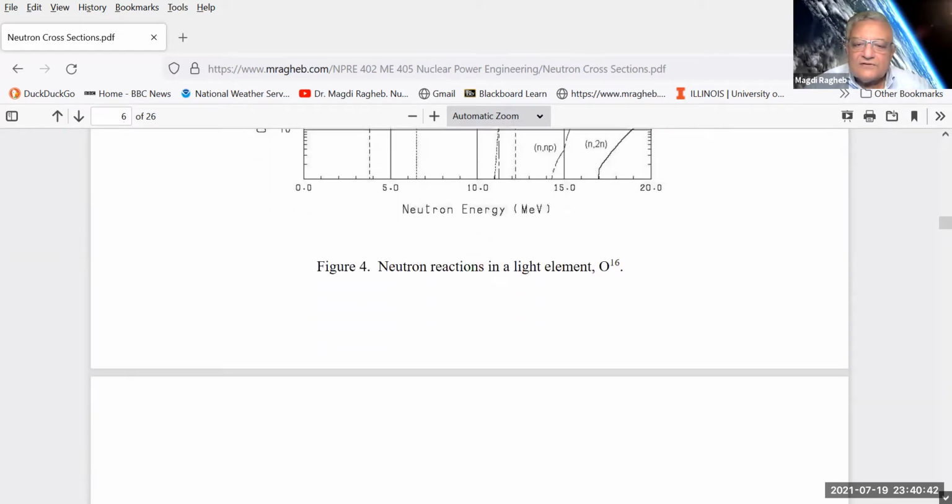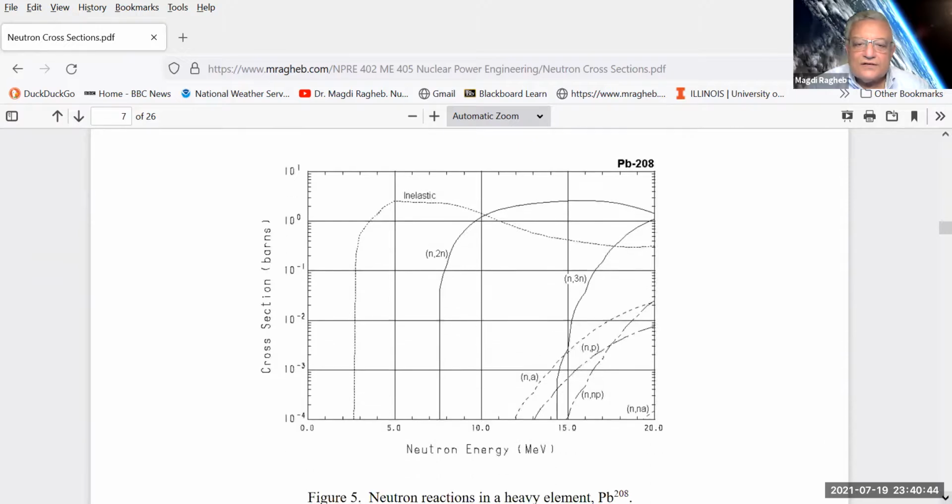Let's look at some other reaction interactions here. This is the interaction of neutrons with lead-208. That is an isotope of lead. You could see again, it is a threshold reaction. And something interesting about lead-208 is that it undergoes a neutron multiplication reaction, meaning that the lead-208 absorbs a neutron and emits 2 neutrons.